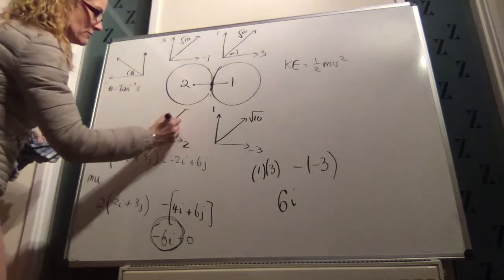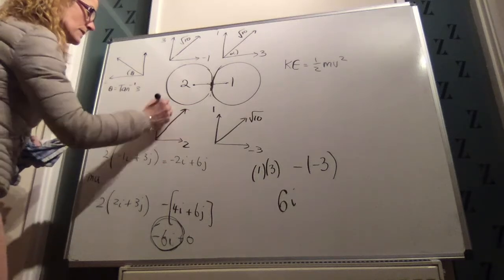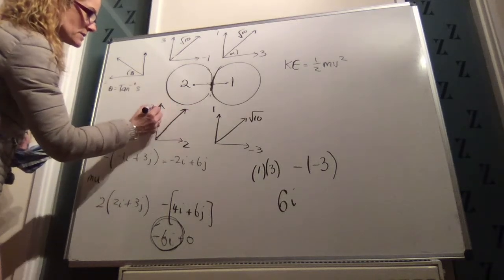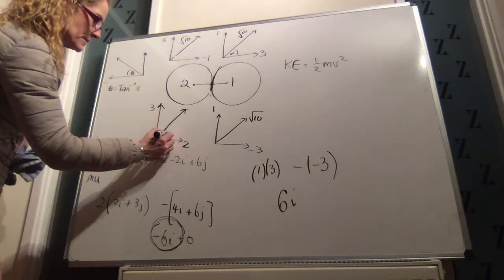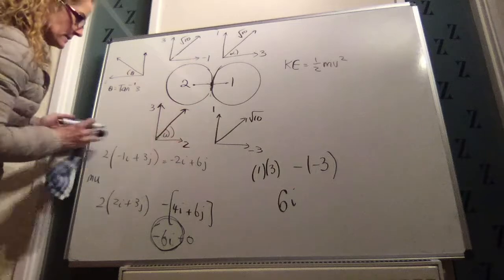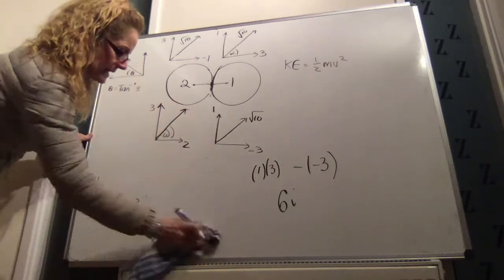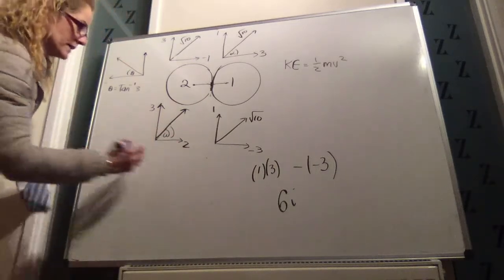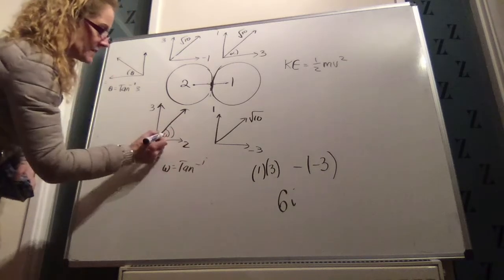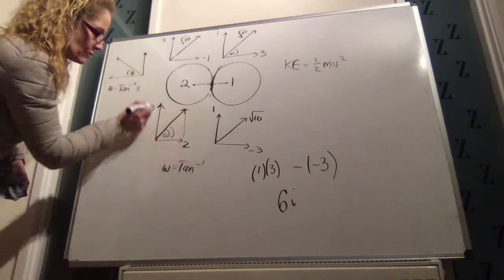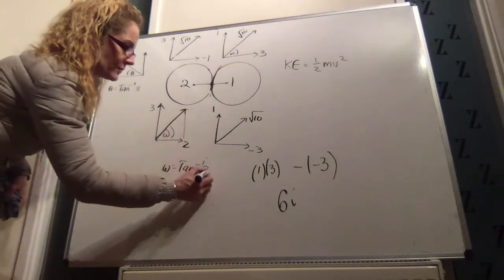Sorry, and that was the original. We're actually only interested in that. So this angle, we'll just call it omega just now. The angle that it was going at beforehand, the tan of omega is 3 over 2.